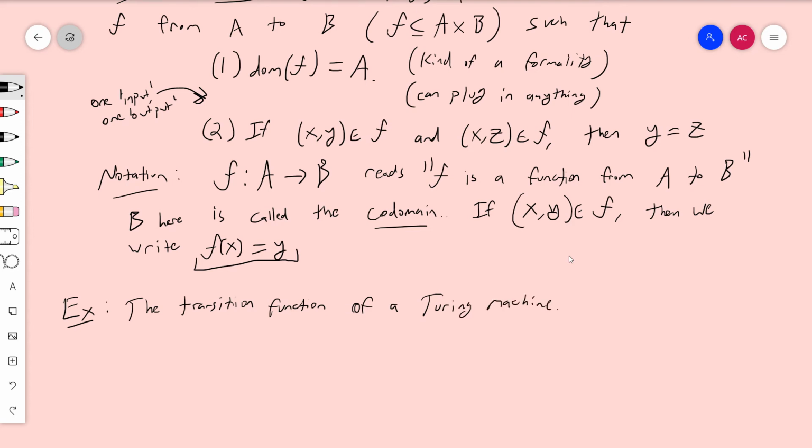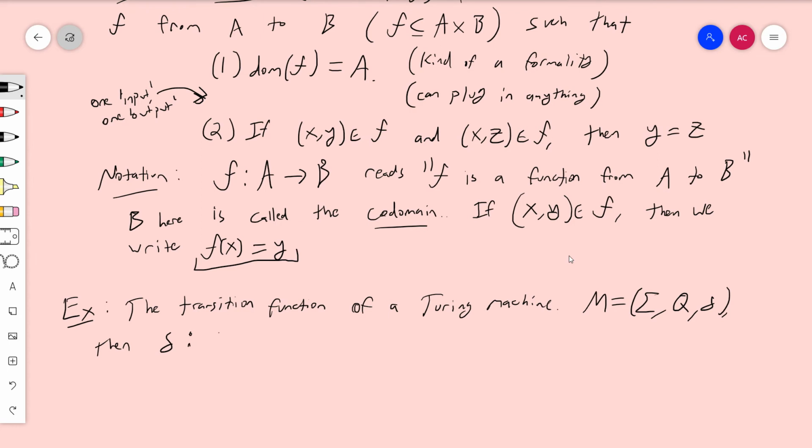Right, if M equals sigma, Q, delta is a Turing machine, then delta is a function. Delta is a function specifically. I've written this down before you, but you had no idea what I was writing back then. What's the domain of delta?